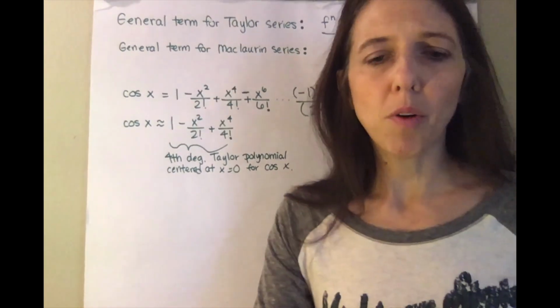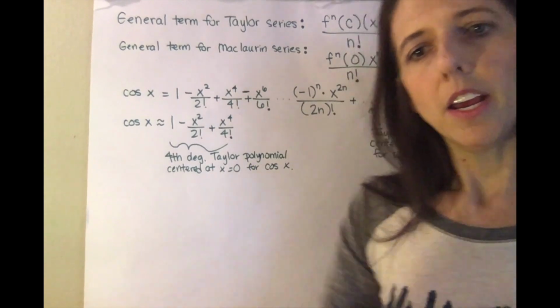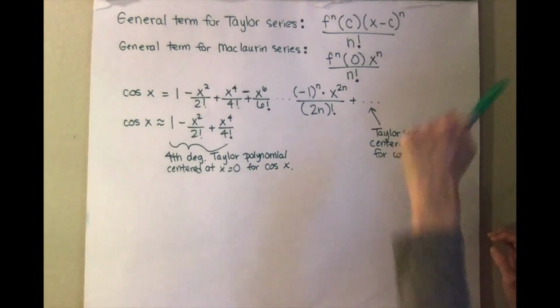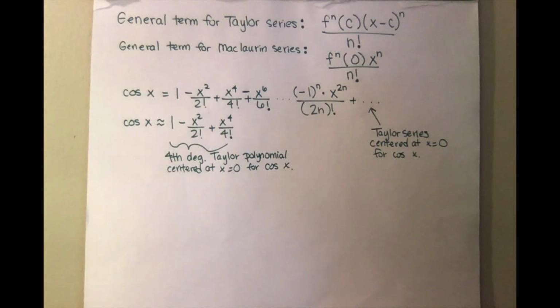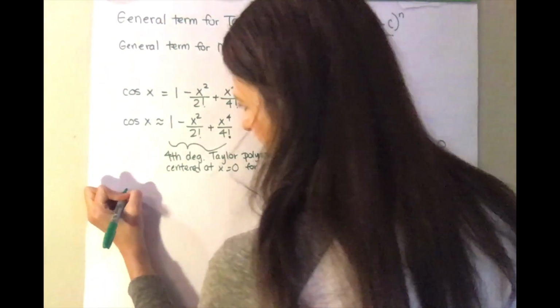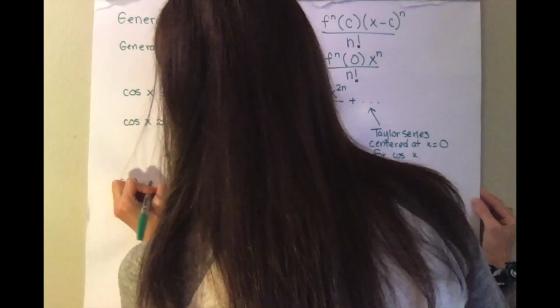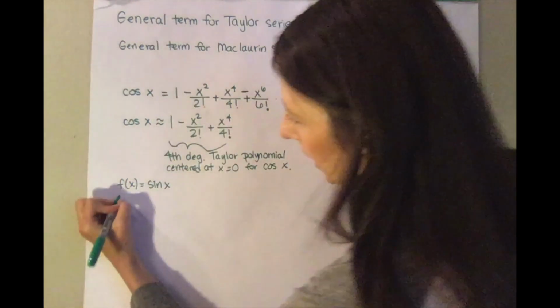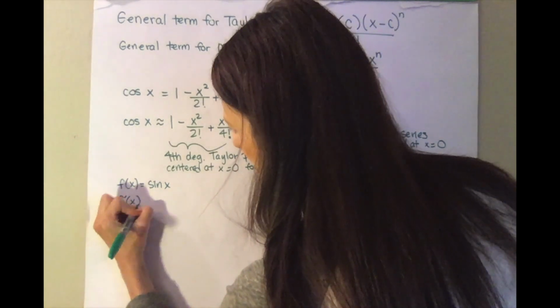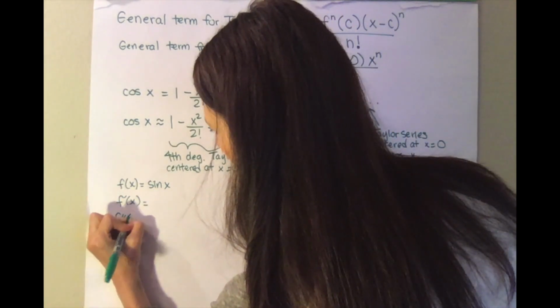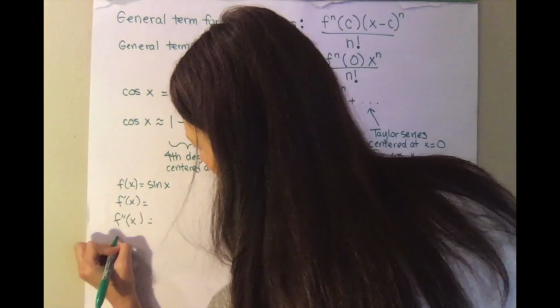So just before we dismissed on Friday, we started generating the Maclaurin series for sine x. So how did we do that? We started with f of x equal to sine x, and then we just started taking a bunch of derivatives. f prime, f double prime, f triple prime.